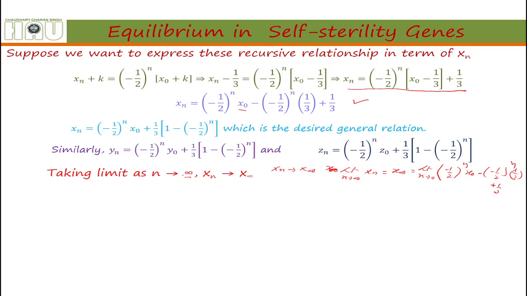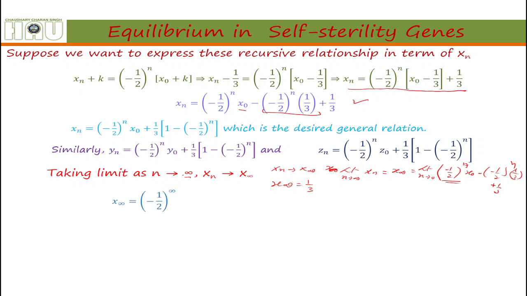Now minus 1 by 2 raised to power n becomes 0, and this term also becomes 0 when n tends to infinity. So the only term we are left with for x infinity is 1 by 3.